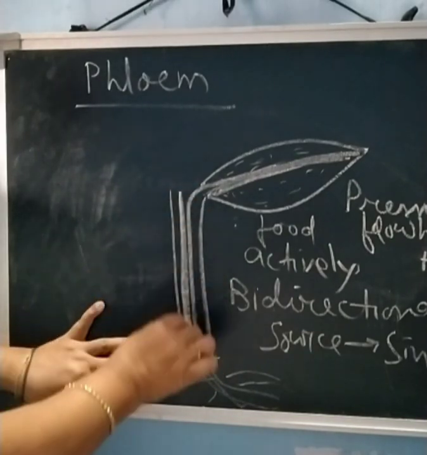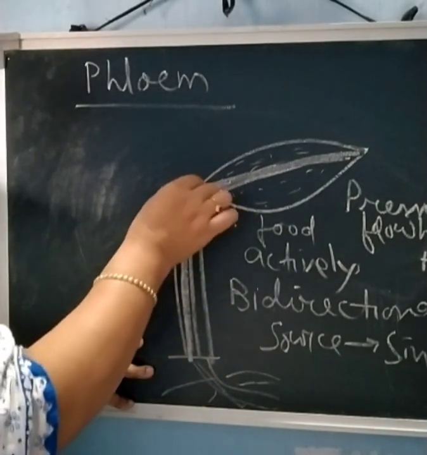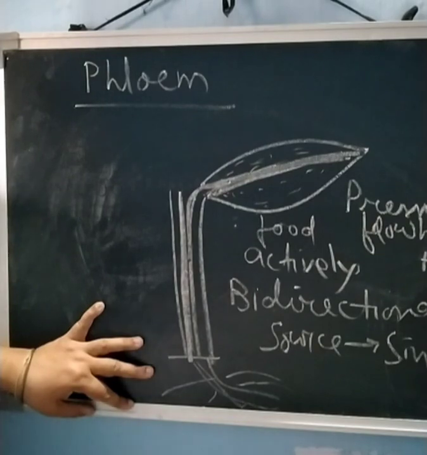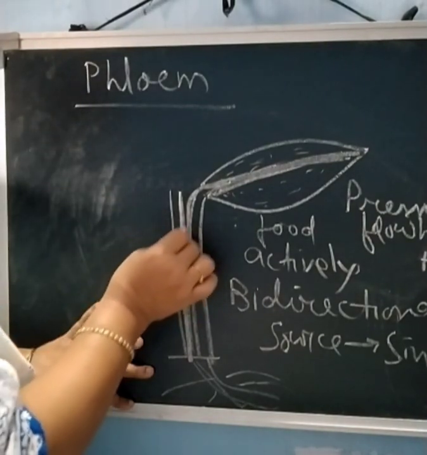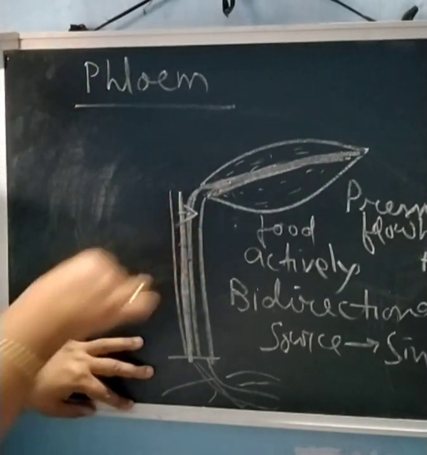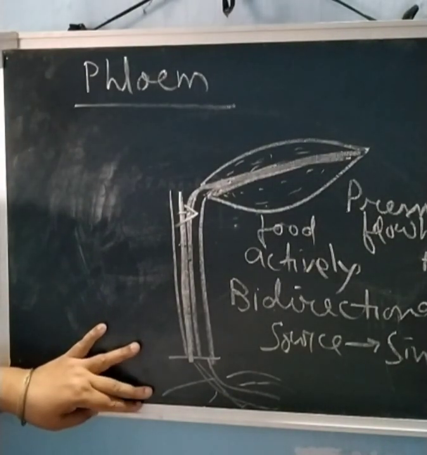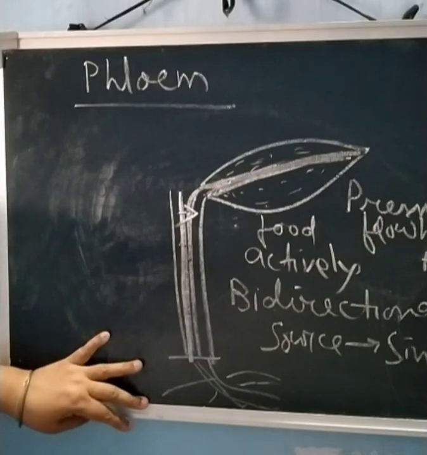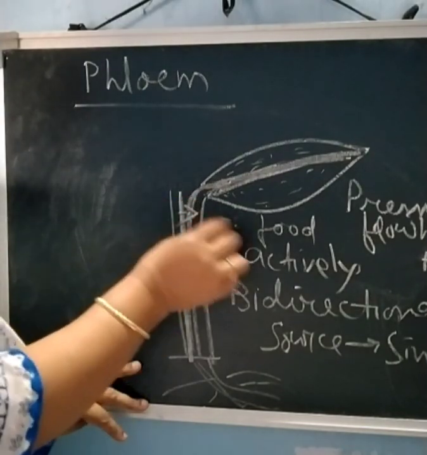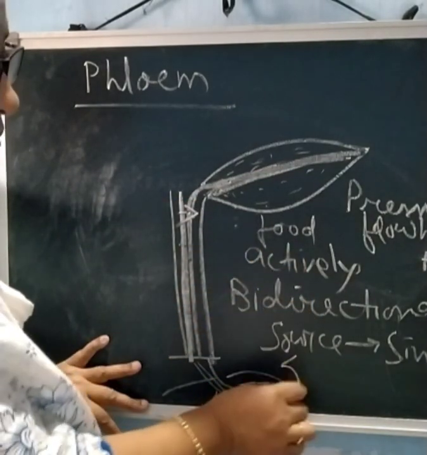So when xylem contains more water and the phloem contains food, the water from xylem will get into the phloem. So an osmotic gradient occurs, and the water from xylem gets into the phloem and makes the food soluble, and then food normally flows in the form of sucrose.